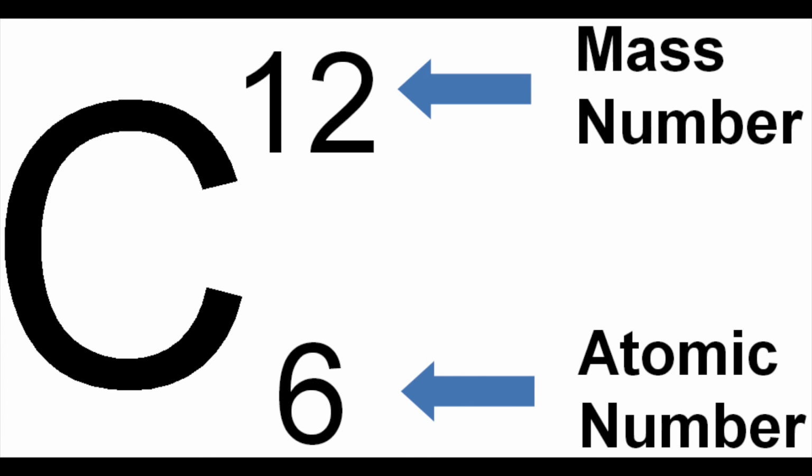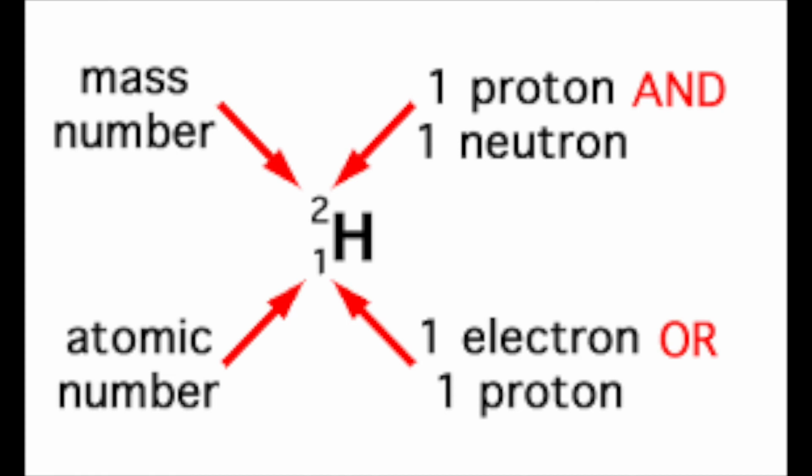The number of protons in an atom is called the atomic number. If you know the atomic number of an atom, you know how many protons and how many electrons that atom contains. Another significant number is the mass number. The mass number represents the sum of protons and neutrons in an atom.